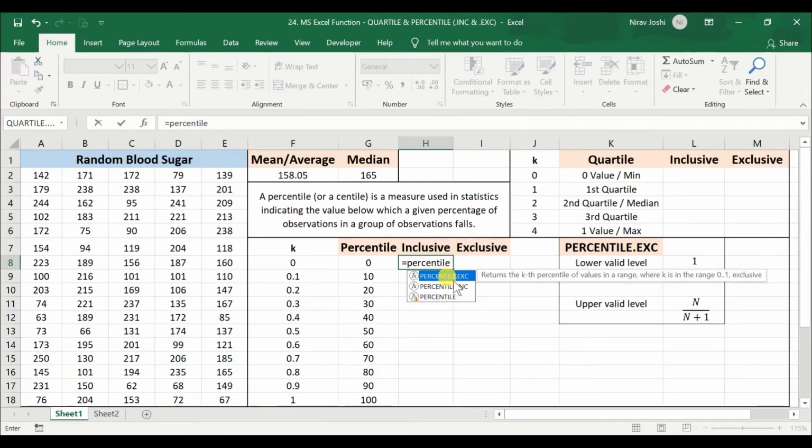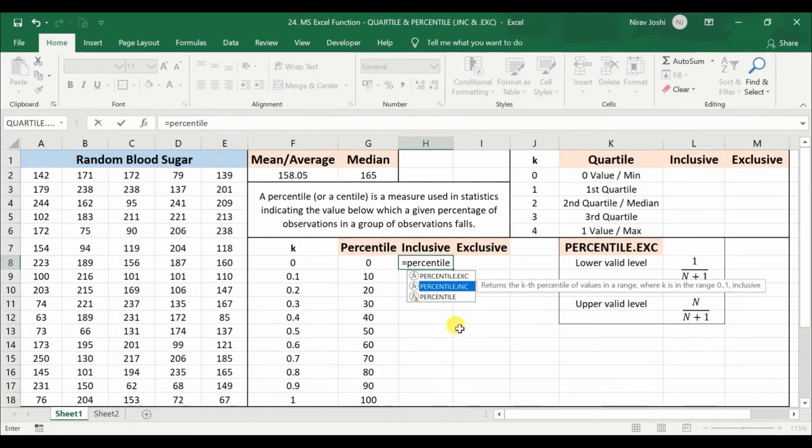So basically the inclusive function includes the value of 0 and 1 in calculation. Now 0 means the minimum value in this data range and 1 means the maximum value in this data range.